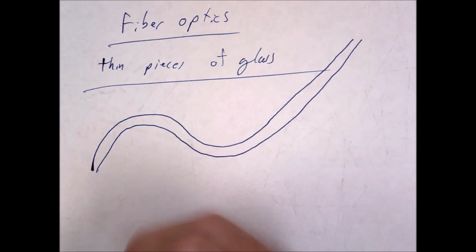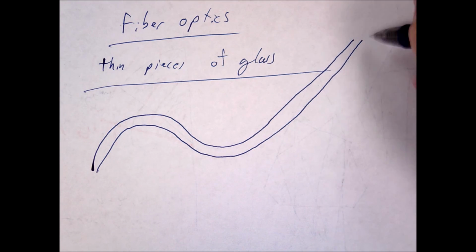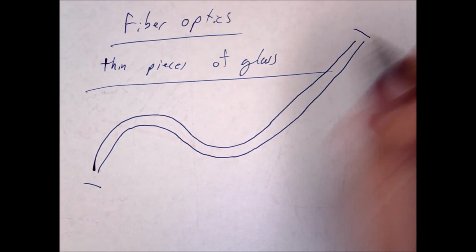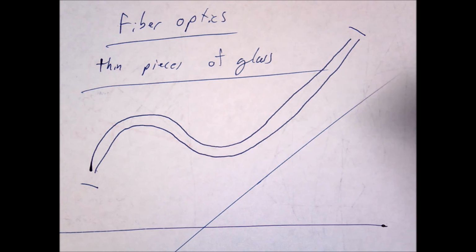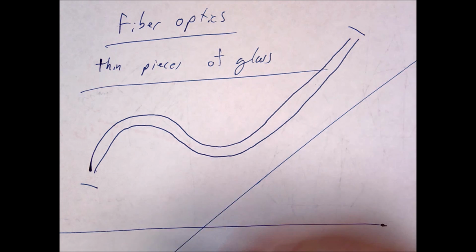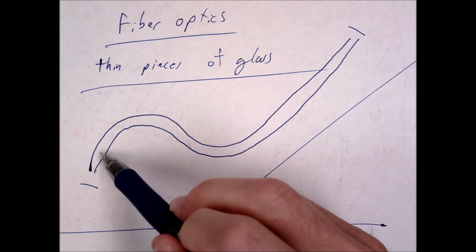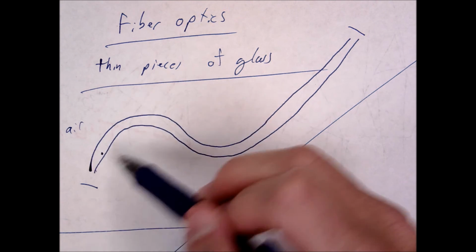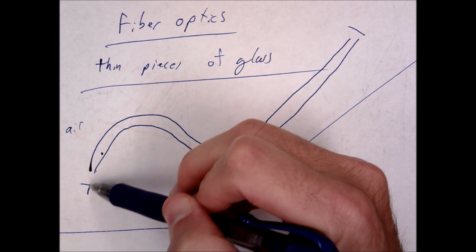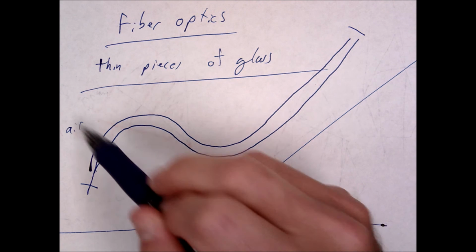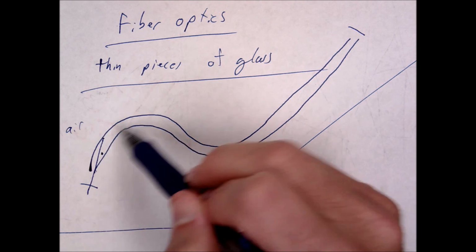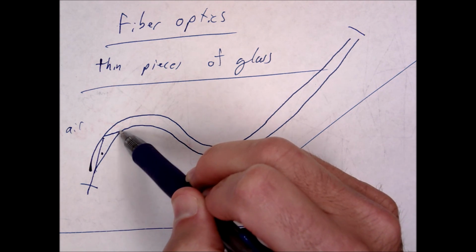So normally if I just shoot a laser, let's say I want to get from here to here, it's going to go in a straight line, pretty much stuck with the straight line. However, if this is glass and we have air on the outside, I can send the laser through here. What's going to happen when it reaches the outside? We can capture the light, essentially.